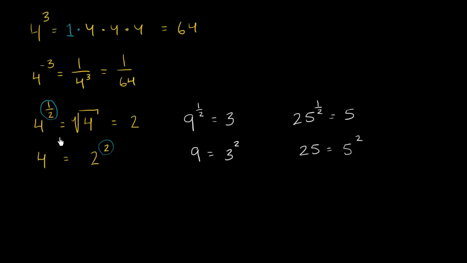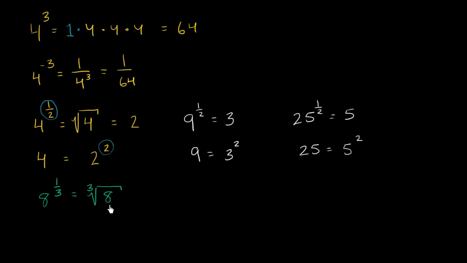Now, let's think about what happens when we take something to the 1/3 power. So let's imagine taking 8 to the 1/3 power. So the definition here is that taking something to the 1/3 power is the same thing as taking the cube root of that number. And the cube root is saying, well, what number, if I had 3 of that number and I multiply them, I'm going to get 8.